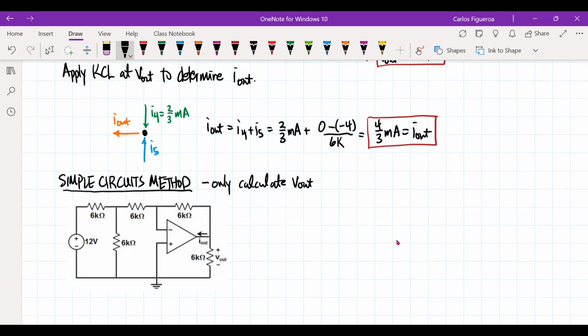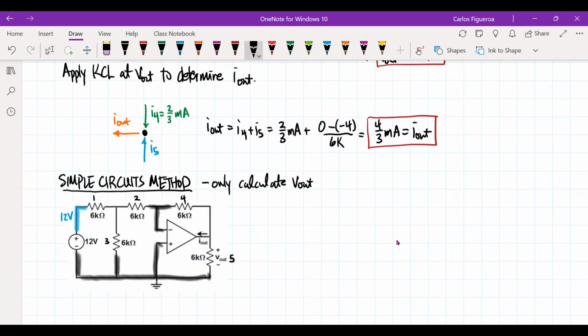So again, this is 1, 2, 3, 4, and then this one's 5. Let's start labeling our nodes here. The first thing that you should see is that you know this is 12 volts. Of course this one's a ground because it's defined that way. And because that's ground, this is also ground right here.